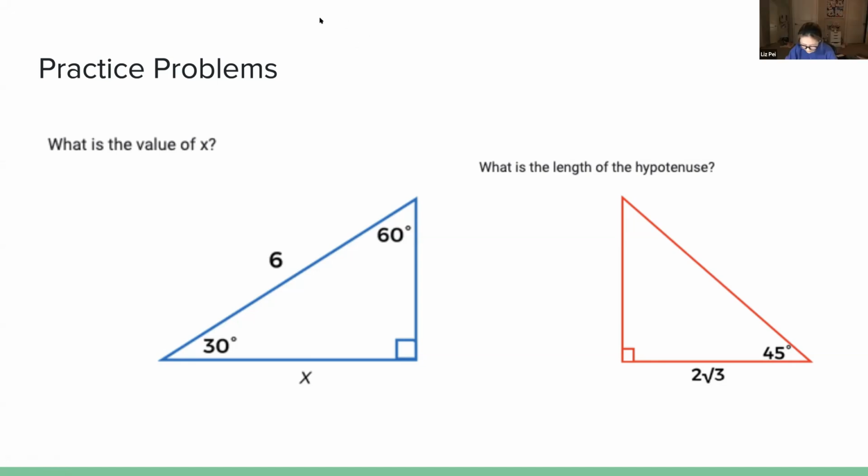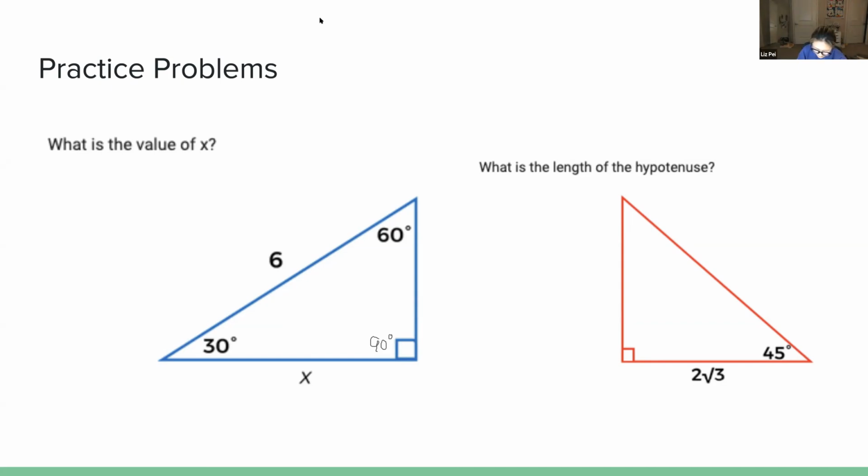Okay, I don't think that was 5 minutes, but if you still didn't finish, pause the video and do whatever you need to do to finish it, and then I'll go over the 2 problems with you. For the first one, we can see that these are special right triangles. This one is a 30, 60, 90.